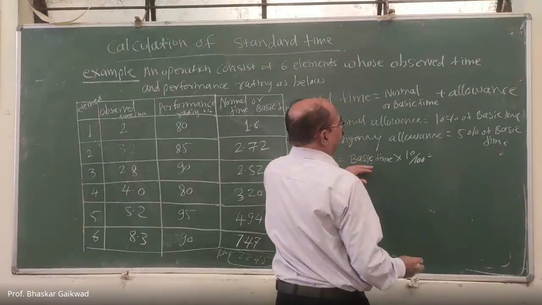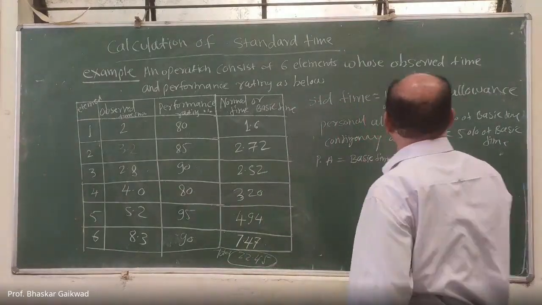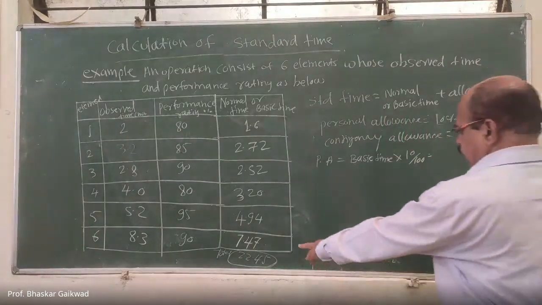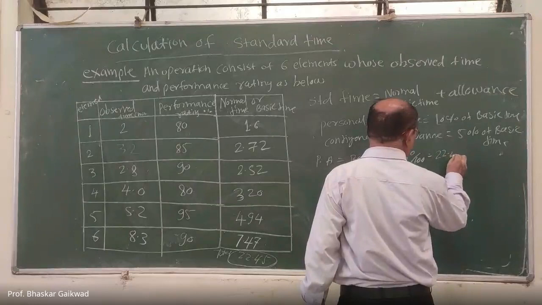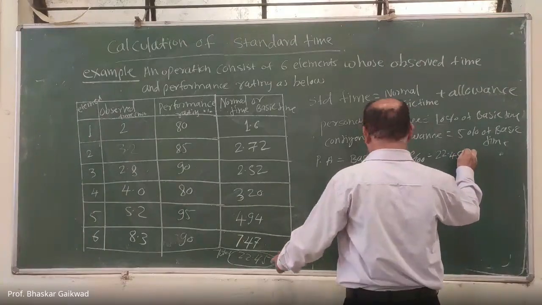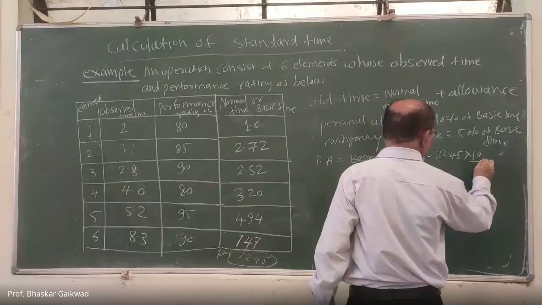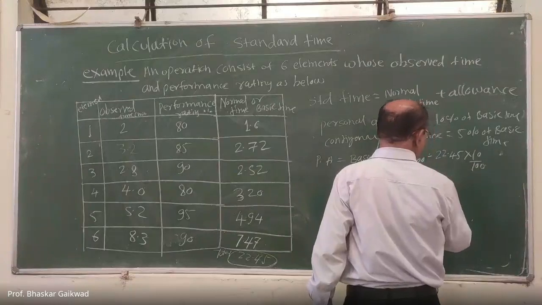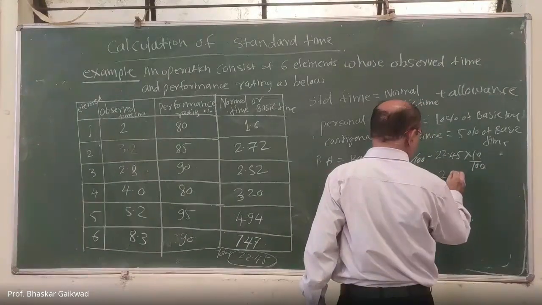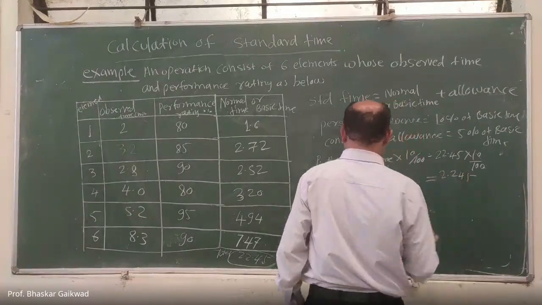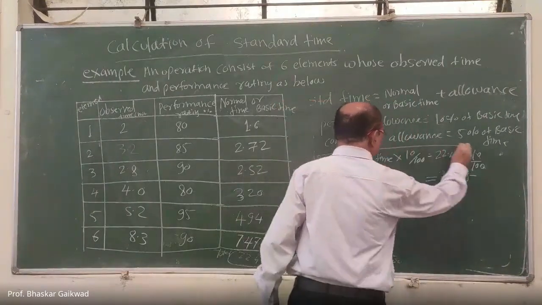This is the basic time. So how much basic time is there? 22.45 into 10 divided by 100. So this is equal to 2.245. This is the personal allowance.